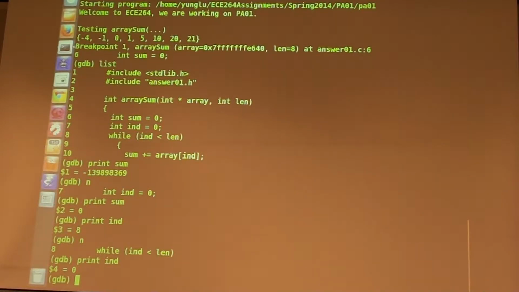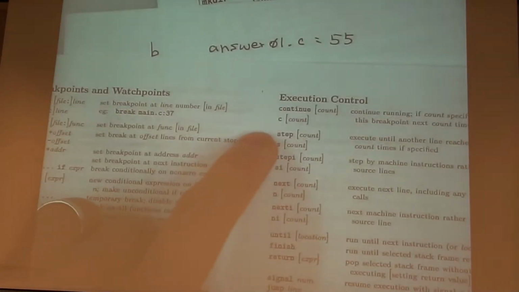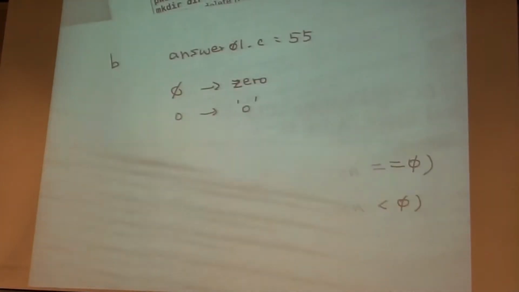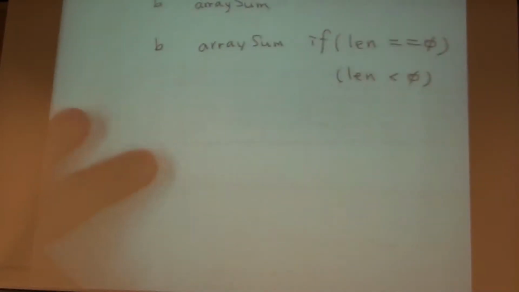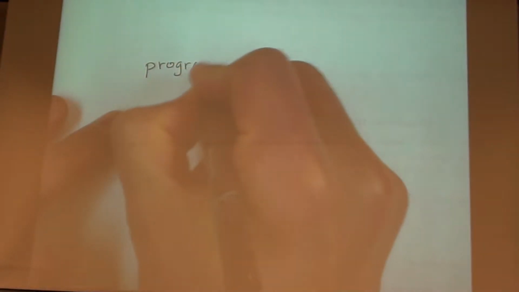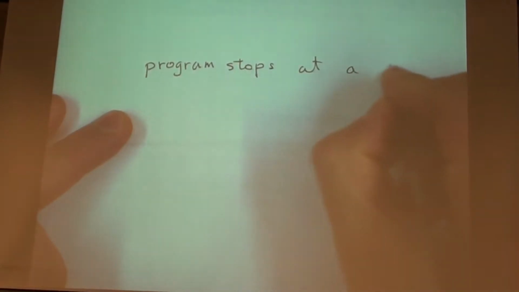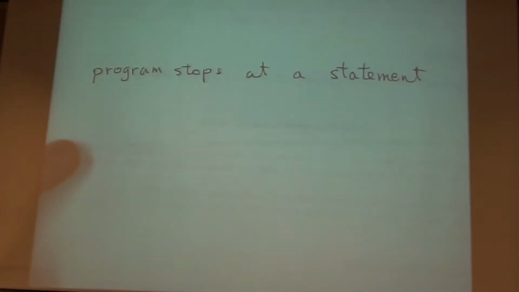So if you go to this document, you can see there's next, and there's step. Here is the difference. If currently the program stops, and stop means before running a statement.